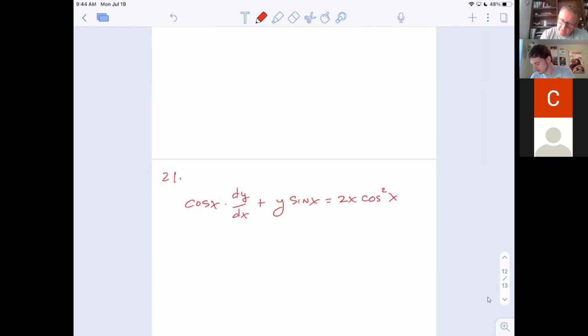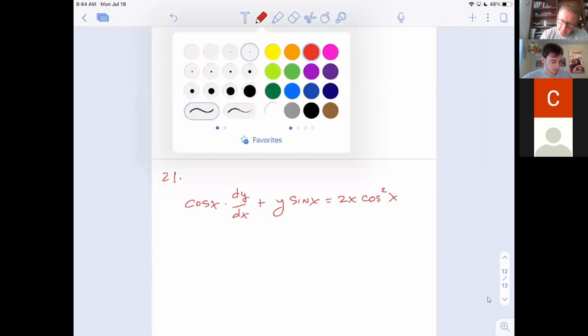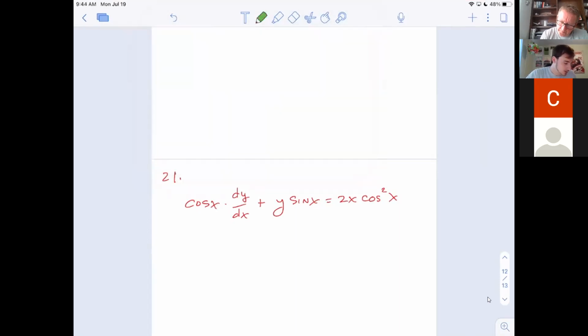So what's our pattern again? What's our first move here? Get rid of the cosine. Divide everything by cosine. Okay, so here's some good things. Why is this kind of nice, what they did right there?